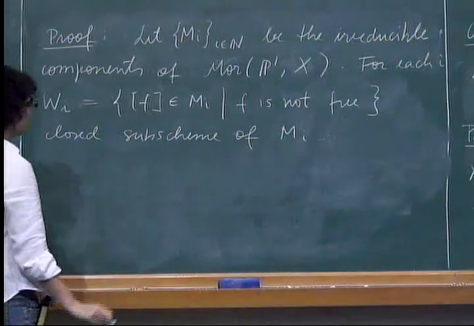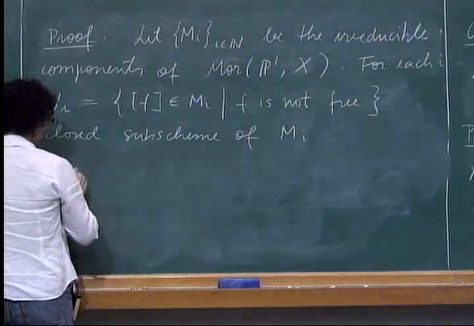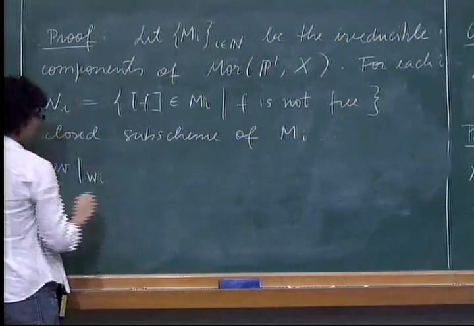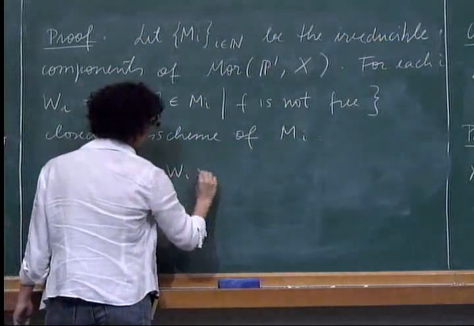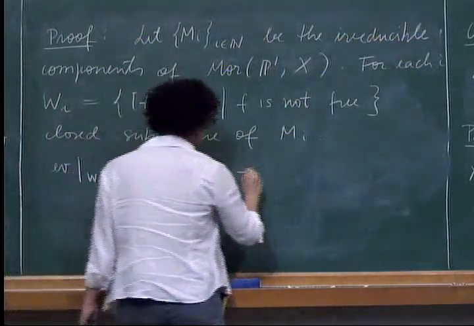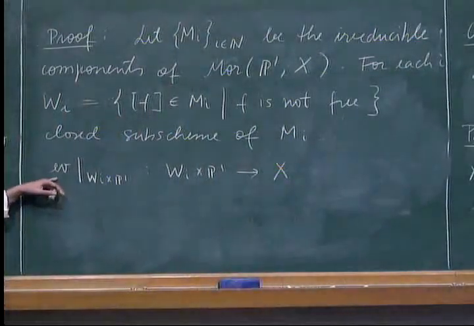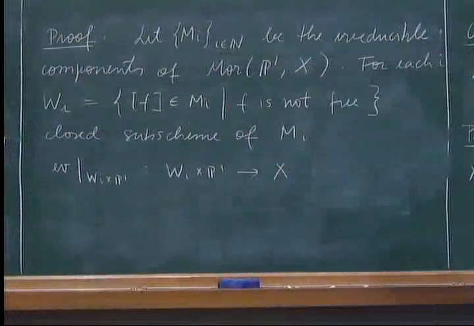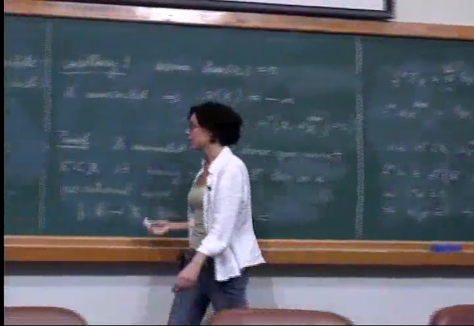But now we notice the following. If we restrict the evaluation map to Wi cross P1, so this goes from Wi cross P1 to X, this restriction cannot be dominant, because if it were dominant, then for a general point in W, the corresponding morphism would be free.